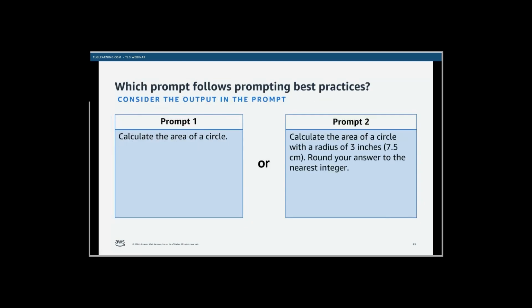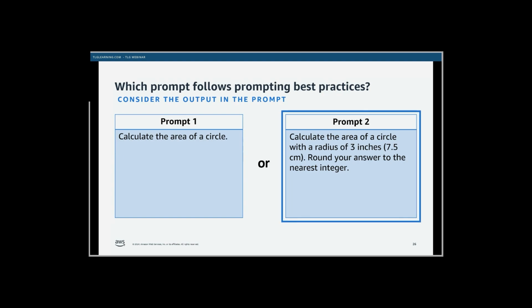But the next best practice, consider the output in the prompt. Made your choice. If you said prompt number two, you're correct.